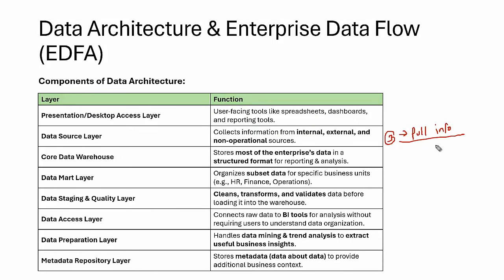The second is called data staging, where the collected raw data is cleaned, transformed, and validated to remove errors. If a customer made a duplicate purchase due to a checkout error, the system will remove it. Third, the data goes to the data warehouse, where the clean data is stored in a structured format.